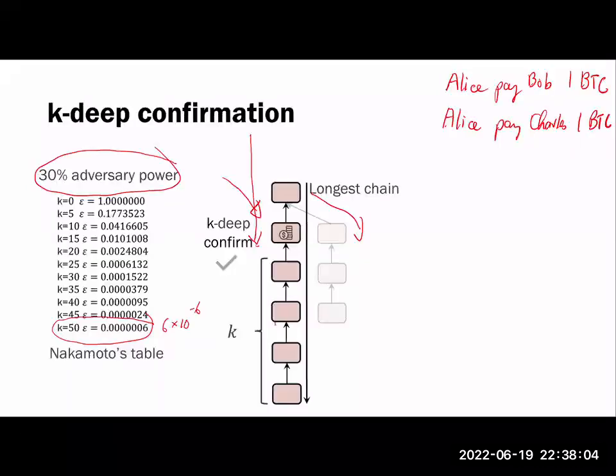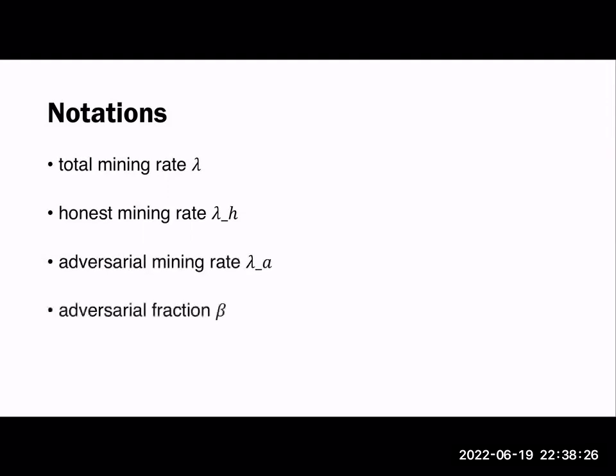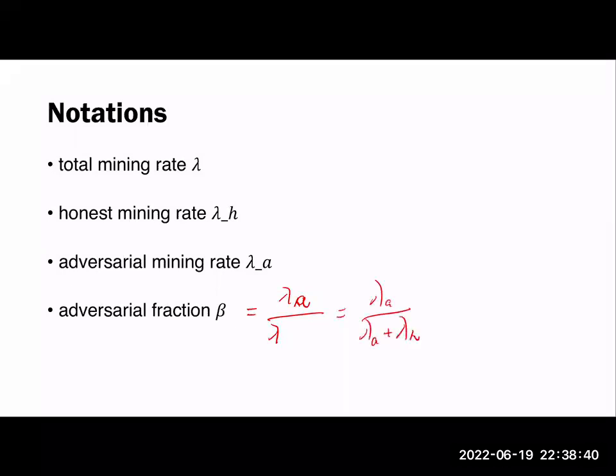So basically Nakamoto showed, and I'm going to do the calculation right now, how this calculation will be done. So I want to introduce some notation here, which we will use later on. The total mining rate is lambda. The honest mining rate is lambda H. The adversarial mining rate is lambda A, and the adversarial fraction beta is equal to lambda A over lambda, which is equal to lambda A over lambda A plus lambda H, okay?